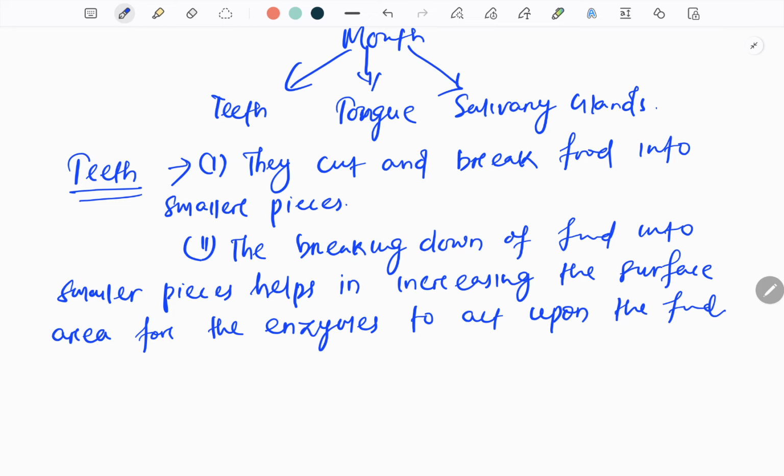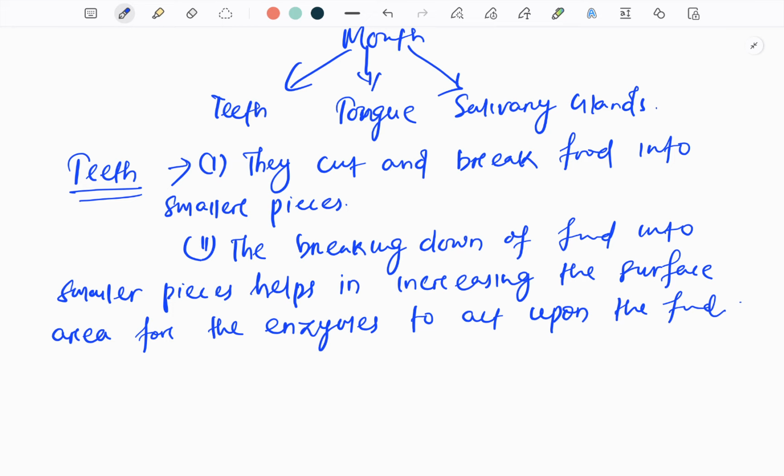Okay. First thing is they cut and break food into smaller pieces. Then the breaking down of food into smaller pieces helps in increasing the surface area for the enzymes to act upon the food. Enzymes play a very important role in the process of digestion because they are the chemical substances that act upon the food and help them to digest.